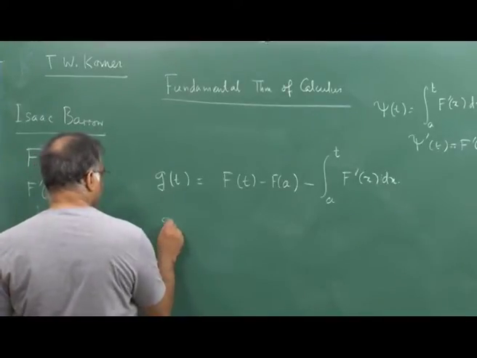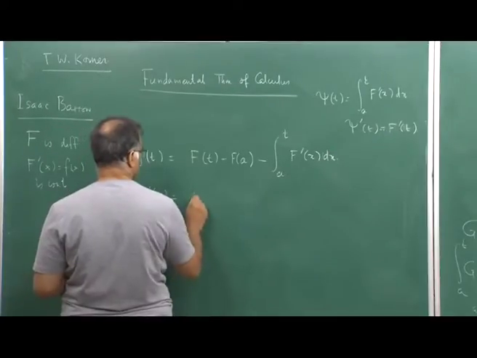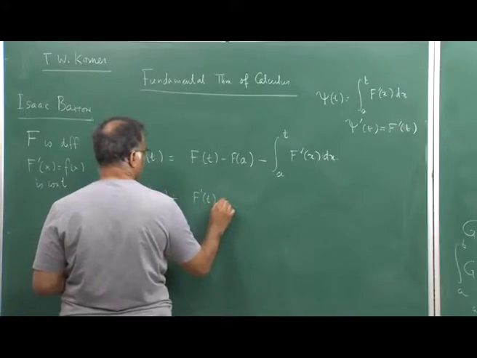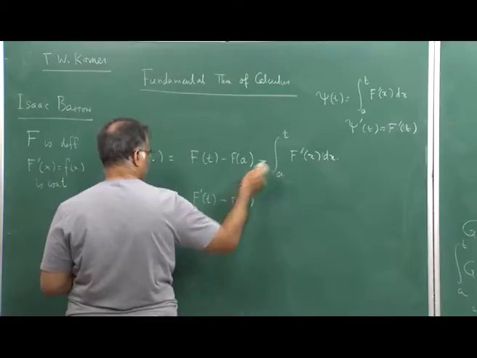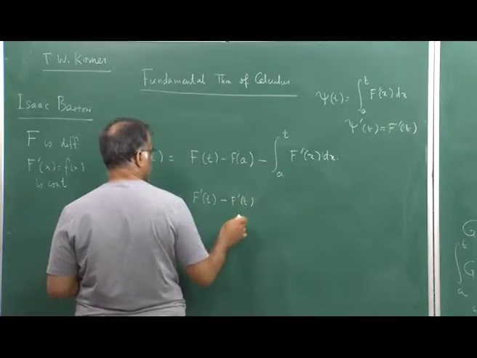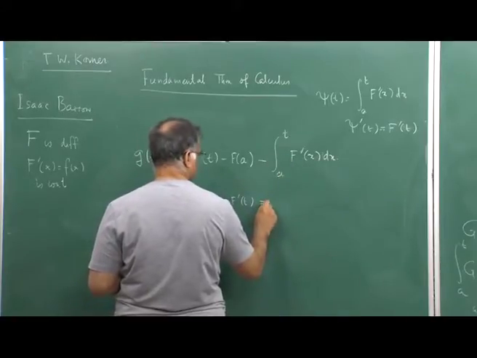So if I take g dash t, this f dash t is 0 minus f dash t. If I integrate out, this will be left.